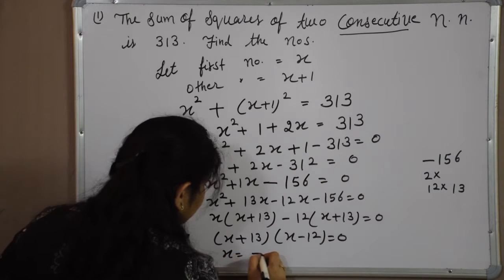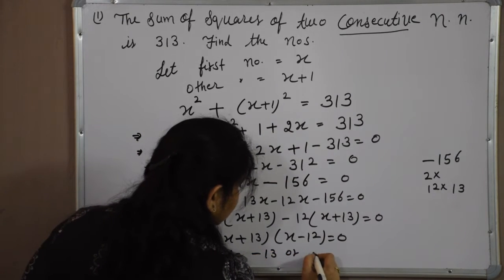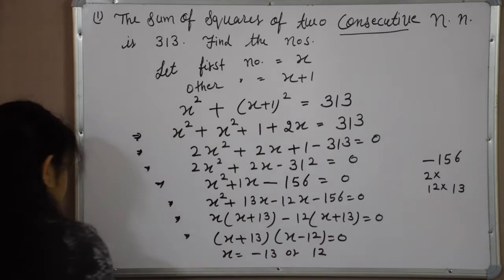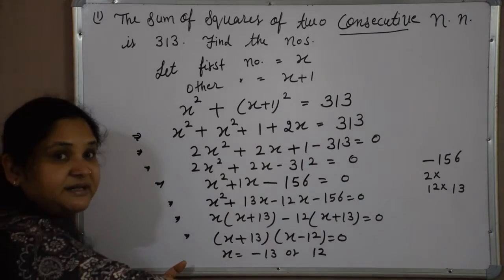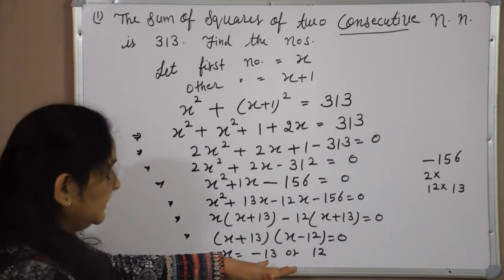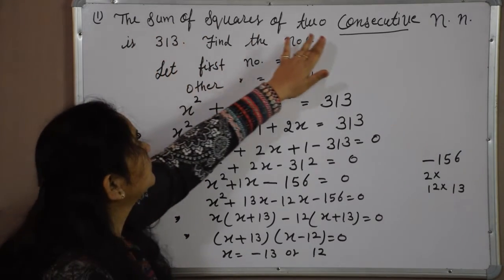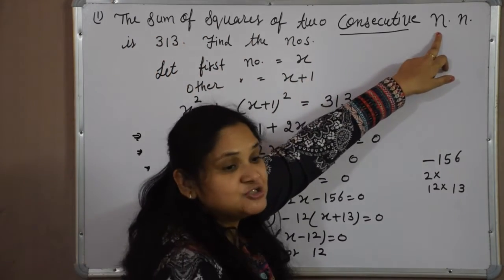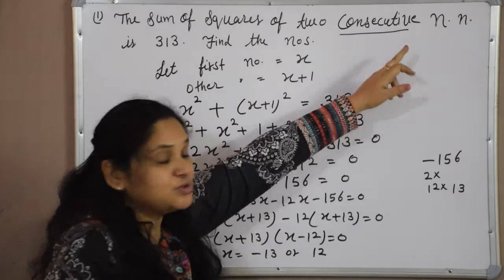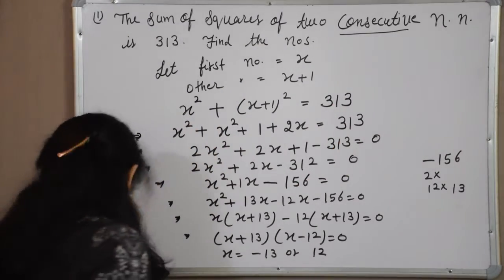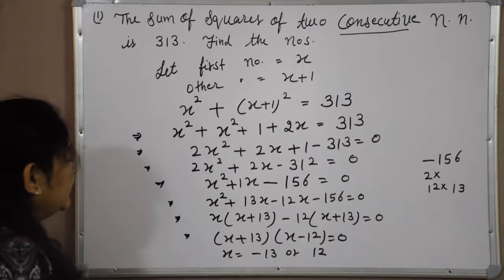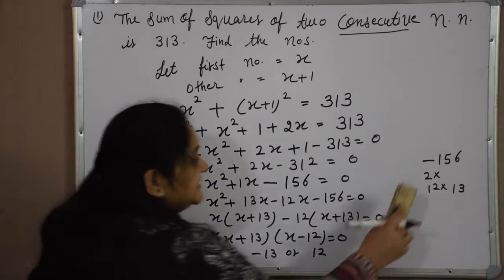So x is equal to minus 13 or 12. There are two possibilities, but in the question it was given the sum of the squares of two consecutive natural numbers, and natural numbers we have to take. This means x is not equal to minus 13. It is not possible.